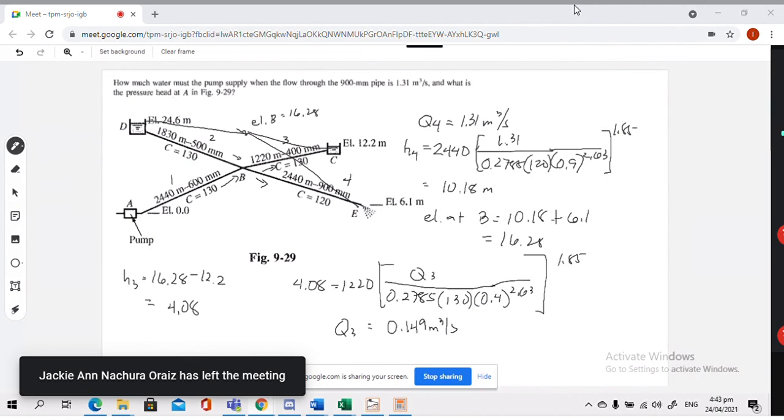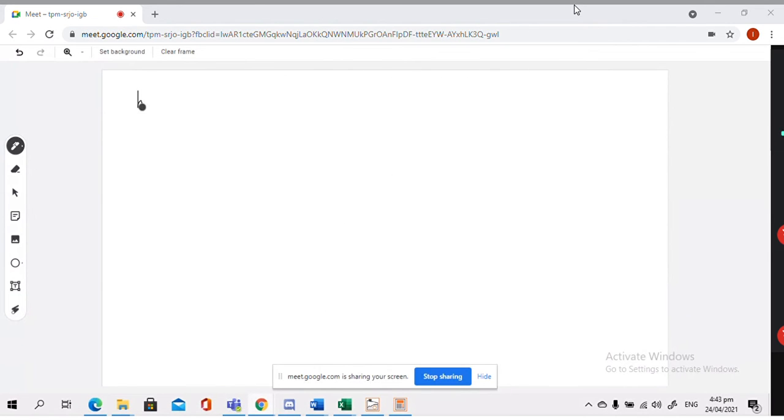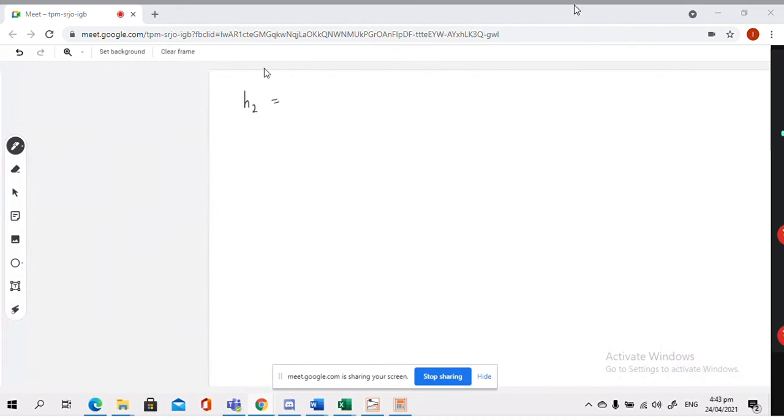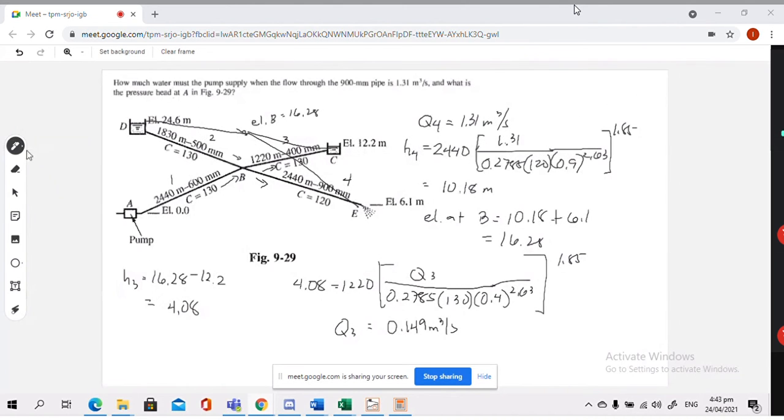Next is ang Q2. Head loss 2 is equal to gikan dire 24.6 minus 16.28. So atong para mas masabtan, mao ni si head loss 2 dire, mao ni si head loss 3, mao ni si head loss 4.